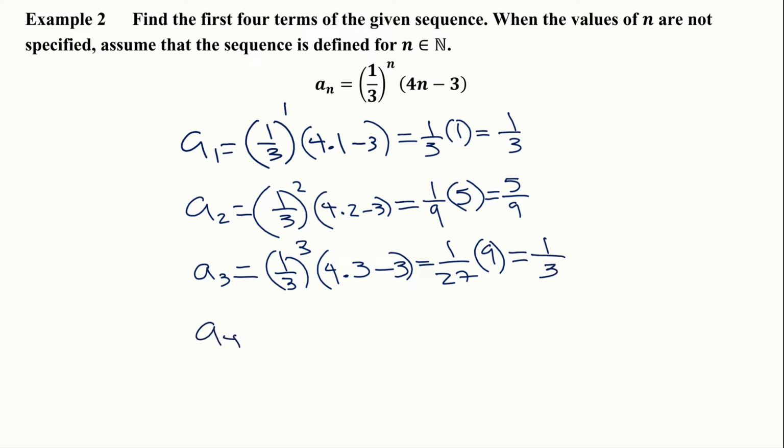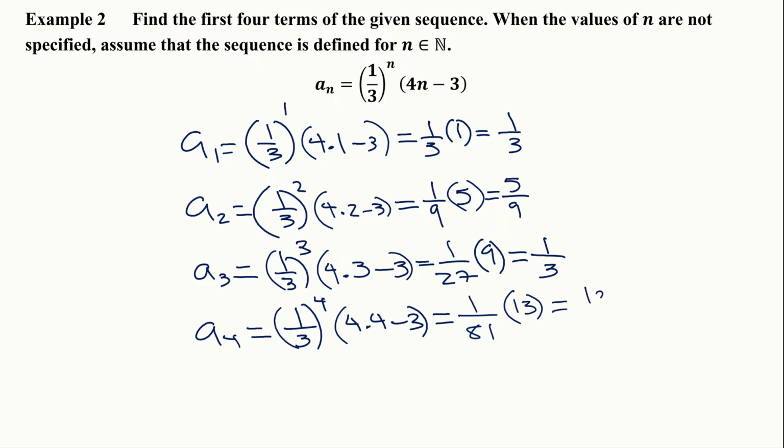For the fourth term, we end up with (1/3) to the power of 4 times (4 times 4 minus 3), which is 1 over 81. 1 to the 4 is 1, 3 to the 4 is 81, times (16 minus 3), which is 13.